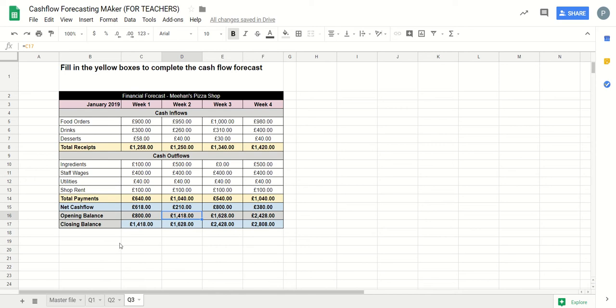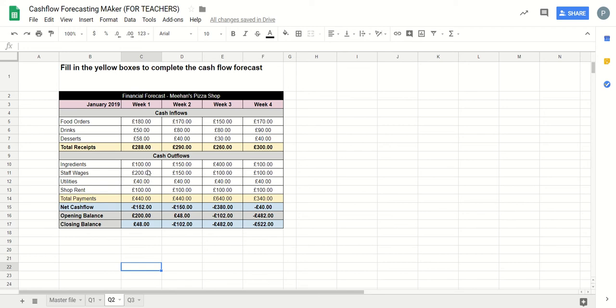I'm just going to show you what happens though when you have negative numbers in this net cash flow. So with this particular scenario, my restaurant's not doing too well. I'm actually making minus £522 at the end of the trading month. What's happened here is obviously you can see my inflows are not covering my outflows.